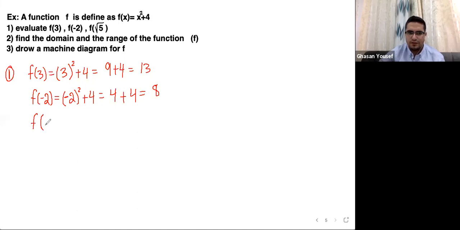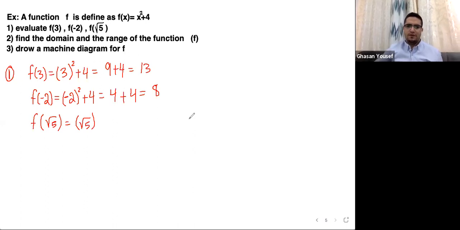Last one is f of square root of 5. Who will do this one? Square root of 5. F of square root of 5.